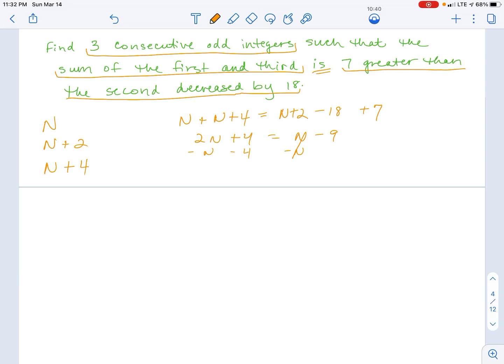And I'm going to move my 4 over here. Subtract 4 from both sides. I'm going to end up with n equals a negative 13. Okay, so our first odd integer is negative 13. If I put a negative 13 in for n here, I'm going to end up with negative 11. If I put negative 13 in here, I'm going to end up with a negative 9. So there's our 3 consecutive odd integers right here.